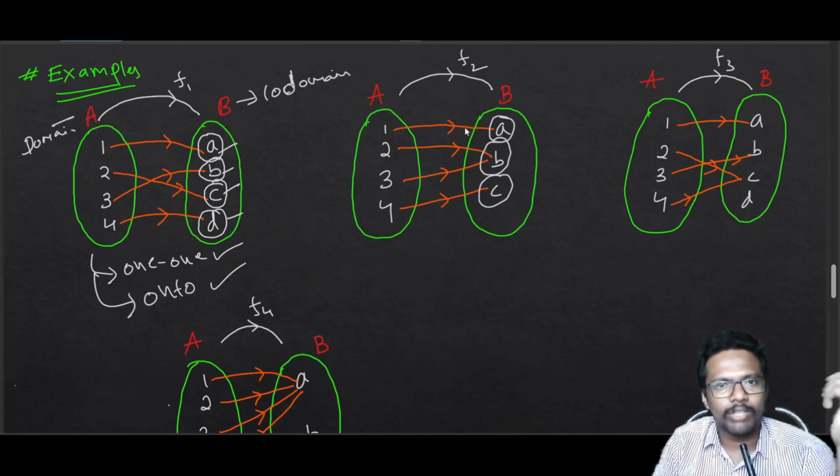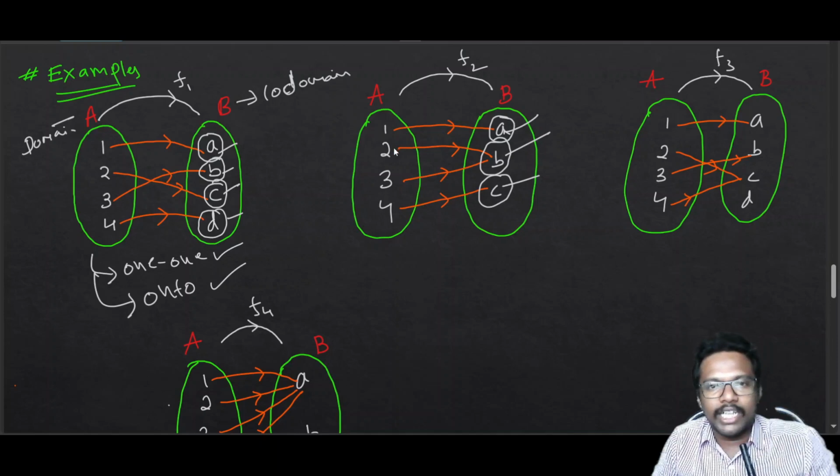So here A has one preimage, B has two preimages, so it is satisfying at least one preimage, and C also has one preimage. So A is used, B is used, C is used, and all of the elements of B have preimages in A. So it is nothing but onto.